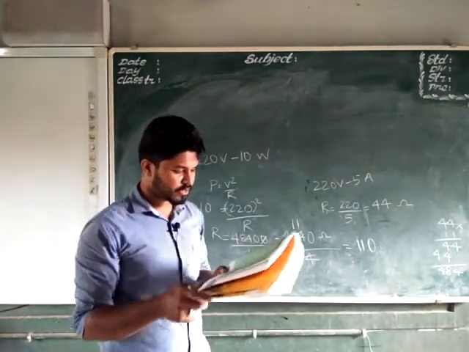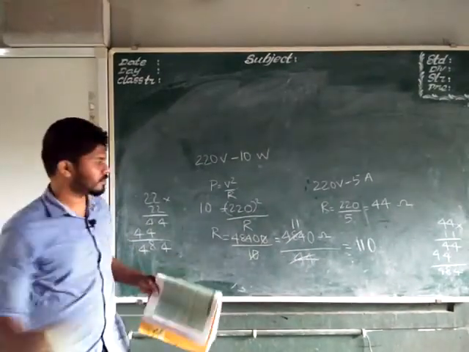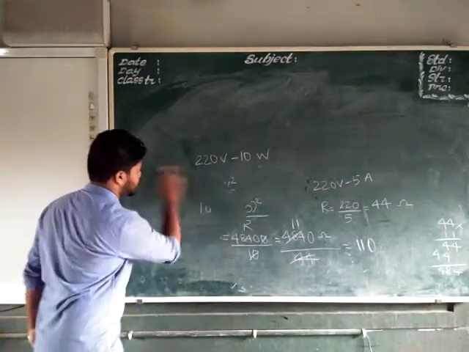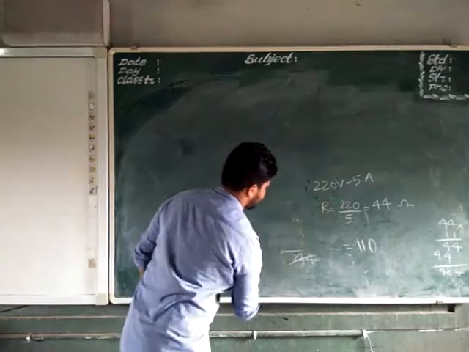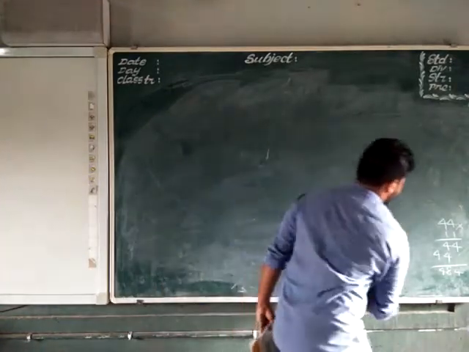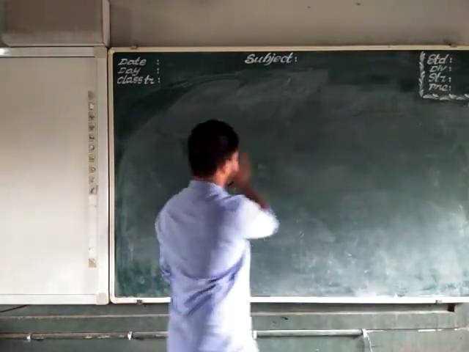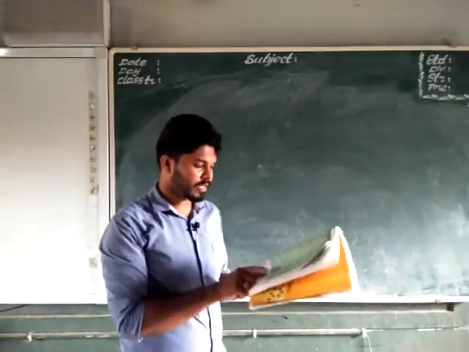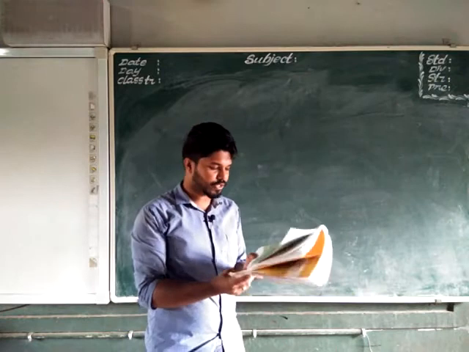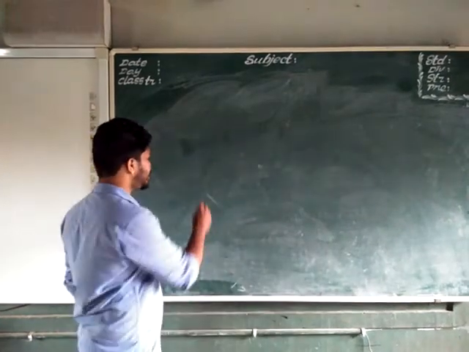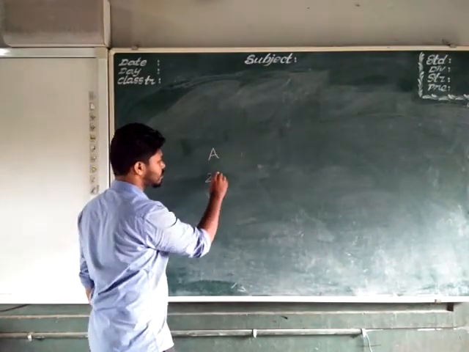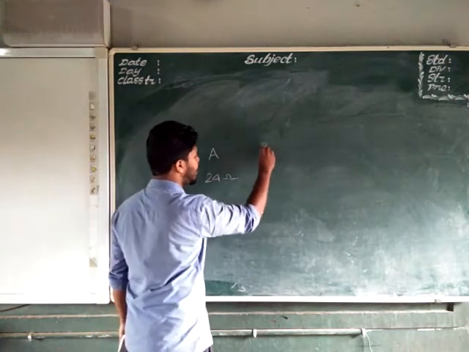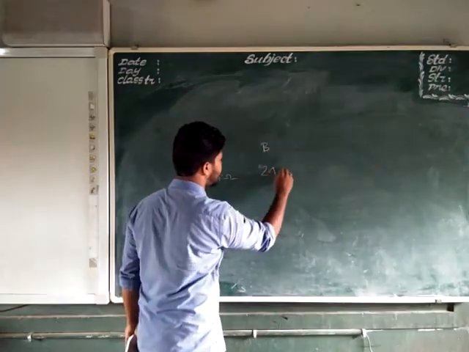Then 13th question is, a hot plate of an electric oven connected to a 220 volt line has two resistance coils A and B. A has a resistance of 24 ohm and B has a resistance of 24 ohm.